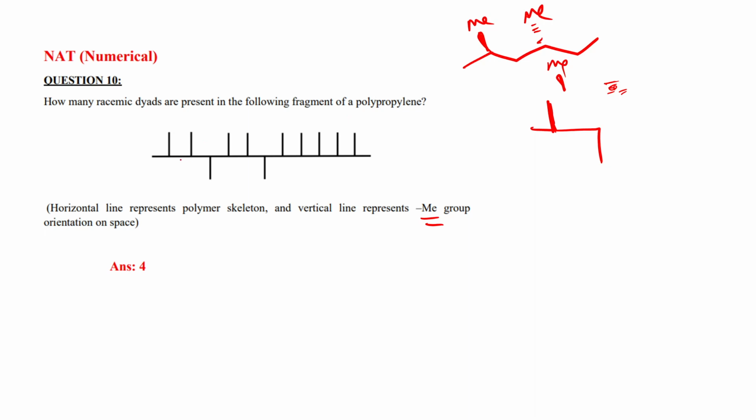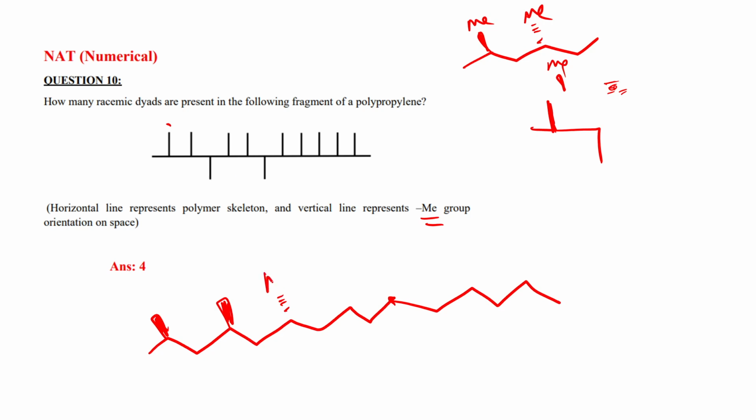So if you write this in a chain fashion, methyl is above, also above, below, then above. Obviously, it is an atactic polymer.